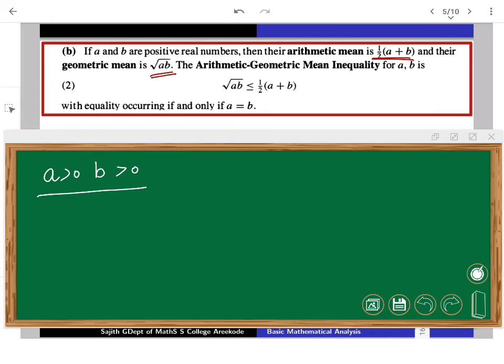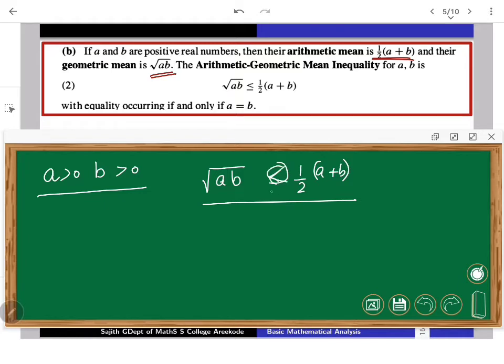Then they have a nice connection between them. What the connection is: GM, that is the geometric mean, the square root of AB, is going to be less than or equal to the arithmetic mean, that is (A plus B) by 2. This is the fundamental inequality, which is usually called the AM-GM, arithmetic-geometric mean inequality. Both A and B are assumed positive, but one more condition: whenever it's a partial order, less than or equal to may come.